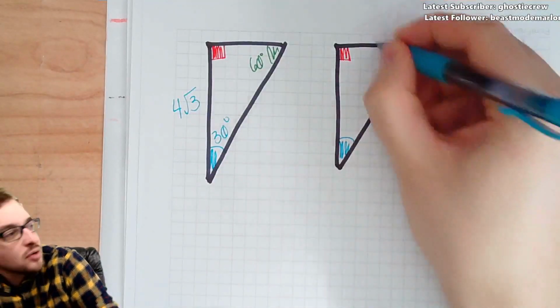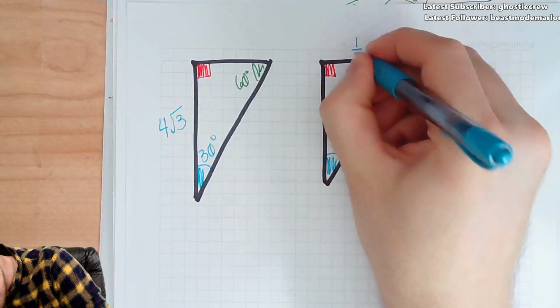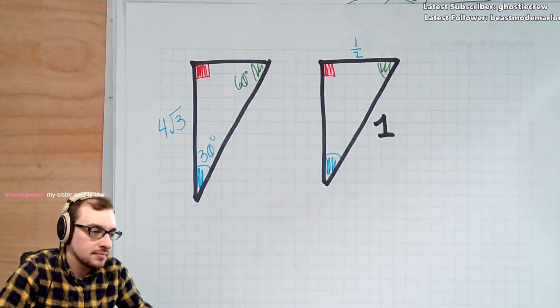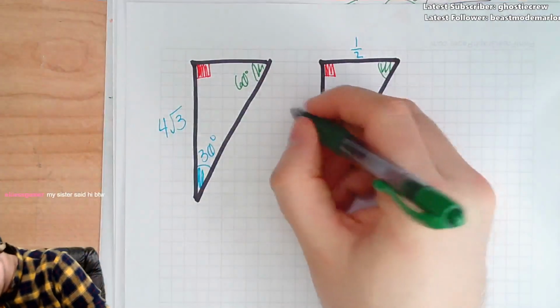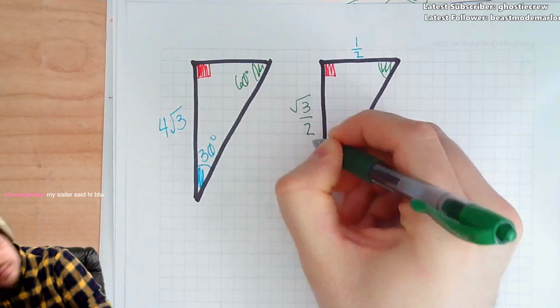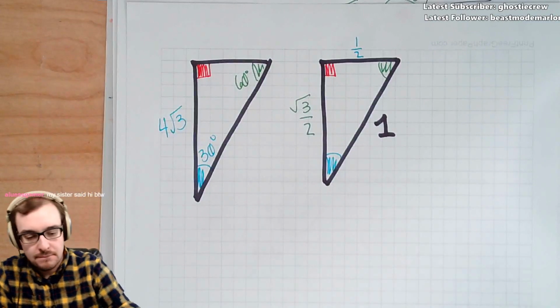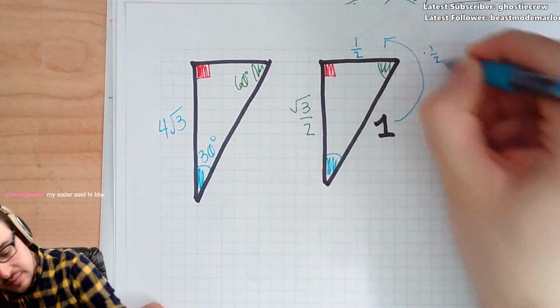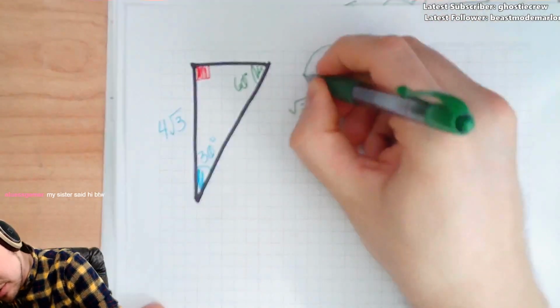We know this side is always half of that, so it's a half in this case. And this side is always root 3 times a half. So we times by a half to get here, and we times by root 3 to get here.